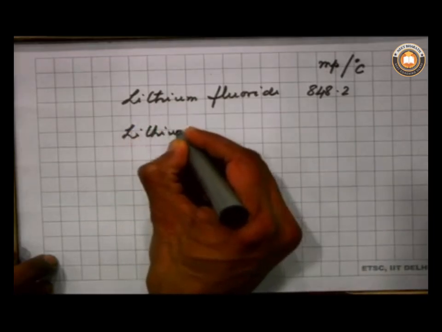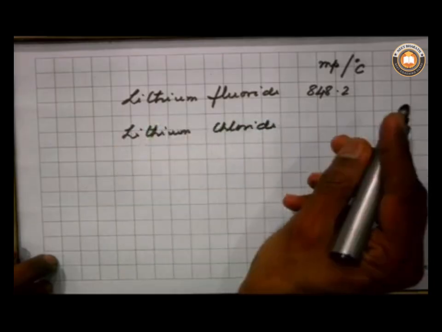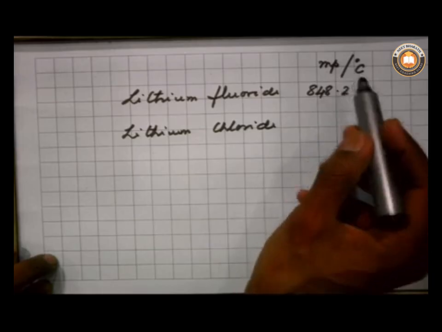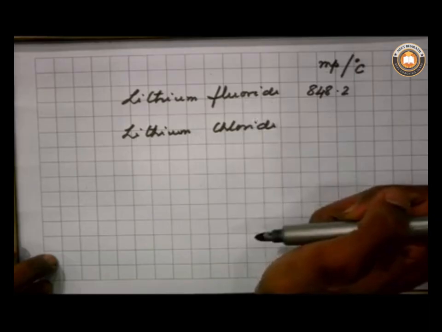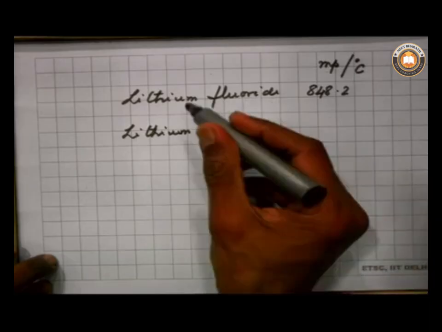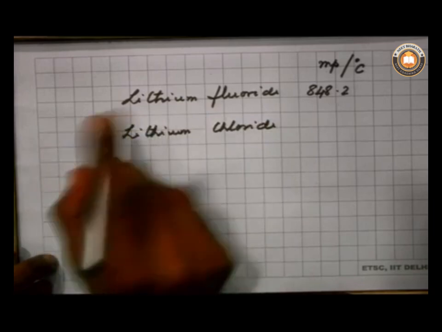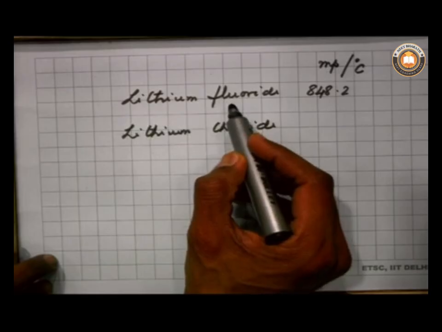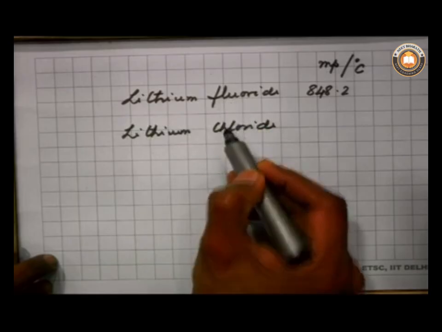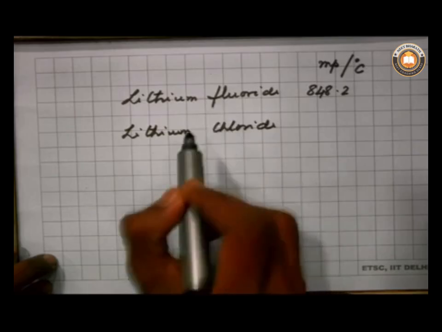Lithium chloride, what do you expect? The melting point of lithium chloride would be greater or less than lithium fluoride. If you have an understanding of the electrostatic interaction and the electronegativity of fluoride and chloride and their sizes, then you would be able to predict it.